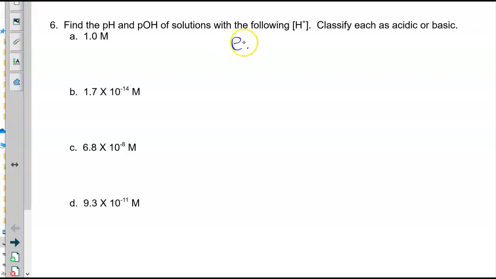We're going to pretend we're doing a 6E. Let's say I gave you 4.77 times 10 to the negative third.